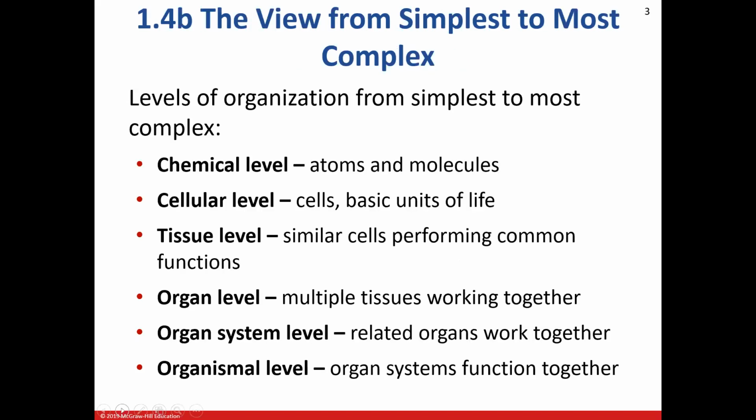We talked about this before, so you already saw the levels of organization. We're always going to start with the simplest level, the chemical level, in chapter 2. Then we move up in complexity to the organismal level, which is us as a whole.